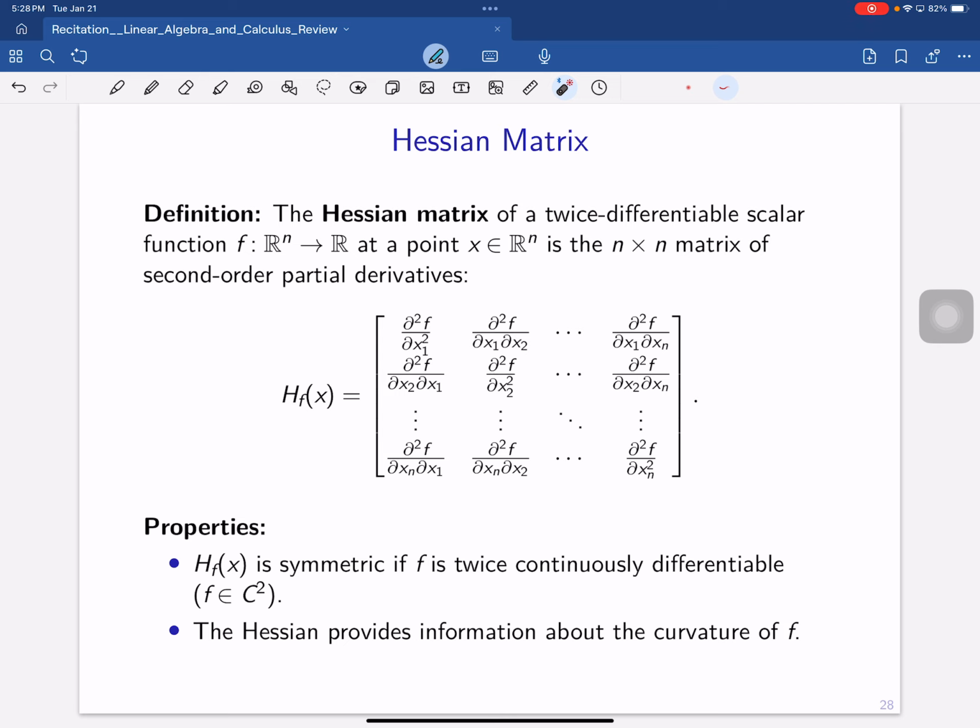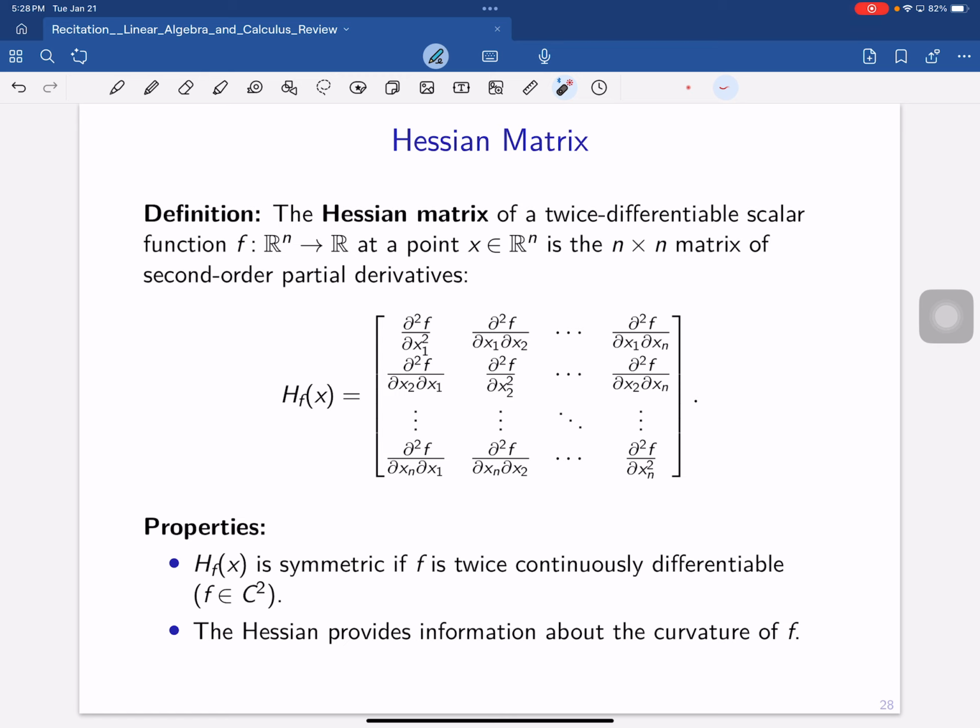So you know that if f is twice continuously differentiable, then this matrix is symmetric, because the order of partial derivatives doesn't matter. You take the derivative with x1, then x2, is equal to x2, then x1. Same thing.